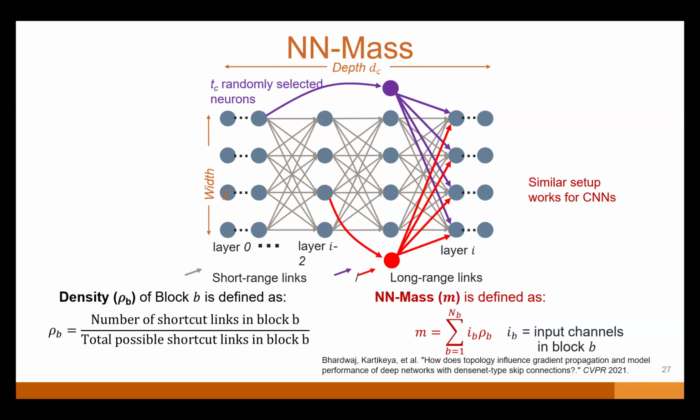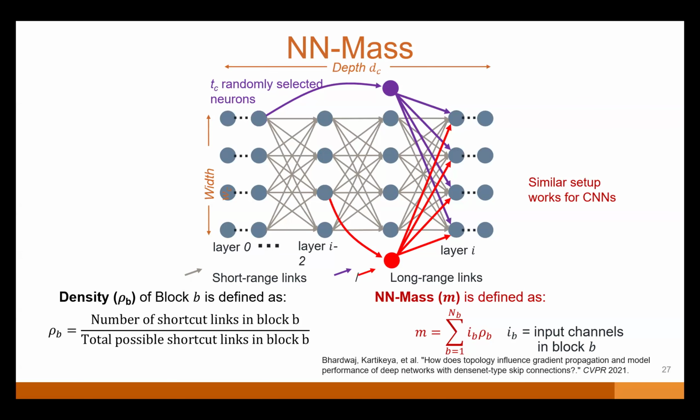And then the most important one, which is the NN mass, shown in this formula, which incorporates this rho B, you see it here, which essentially gives us the idea of the mass of the network. So the analogy here is that in physics, if you think about density, it is mass over a unit of volume, right?